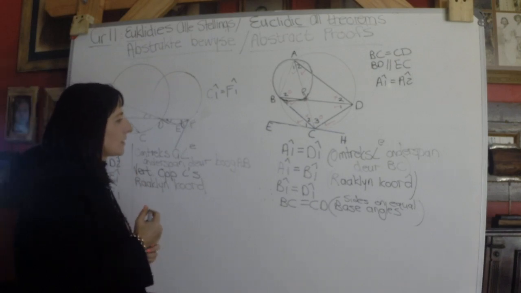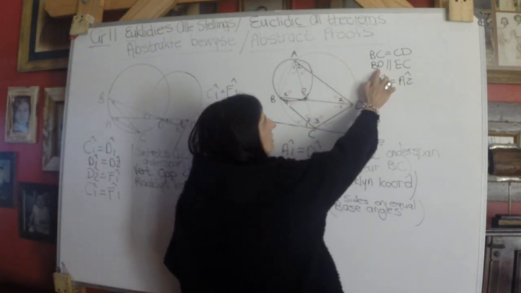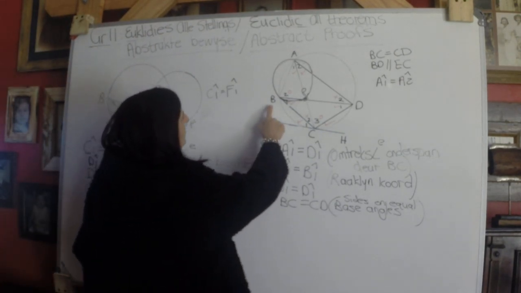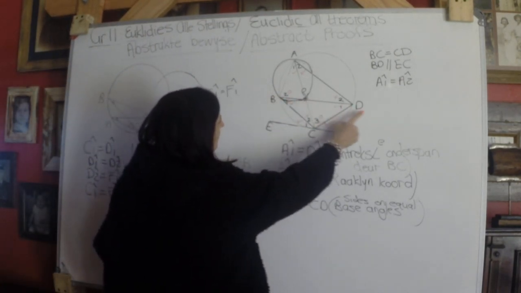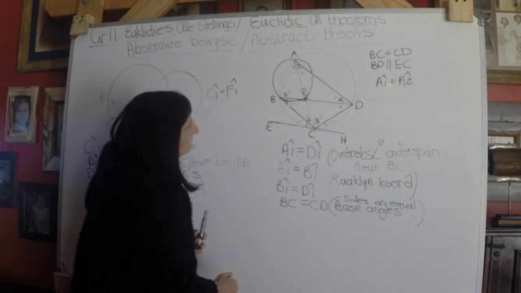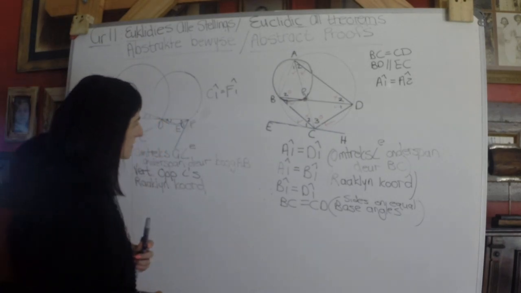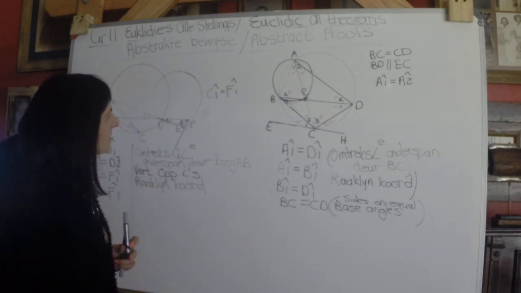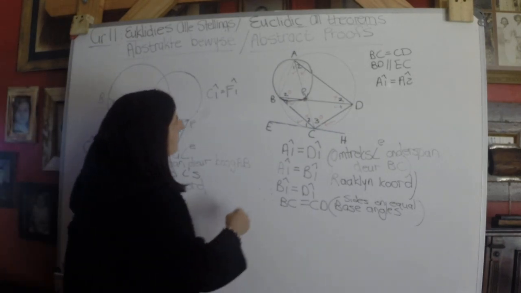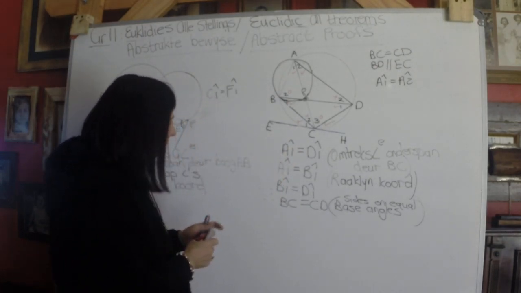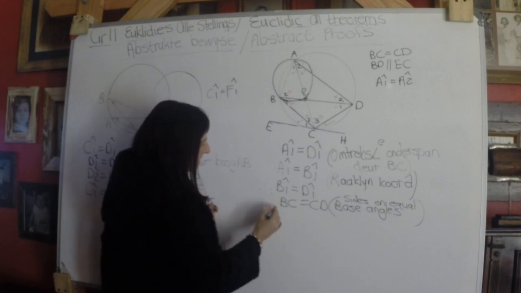Okay, die volgende vraag is, vra hulle, bewys dat BD ewewydig is aan EC. Nou, B1 is gelyk aan C1, ons het dit klaar bewys. Okay, ons kan sê dat C1, let's go to C1.